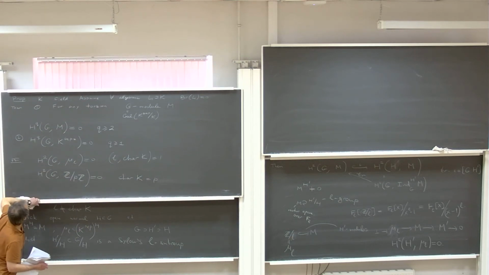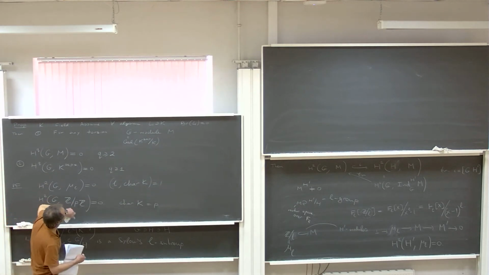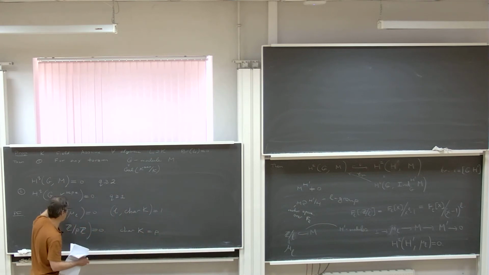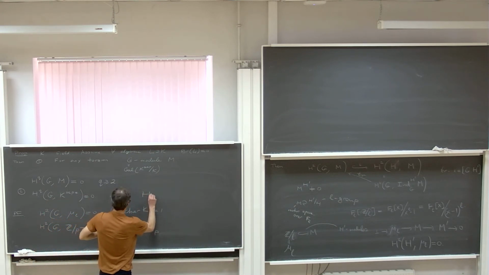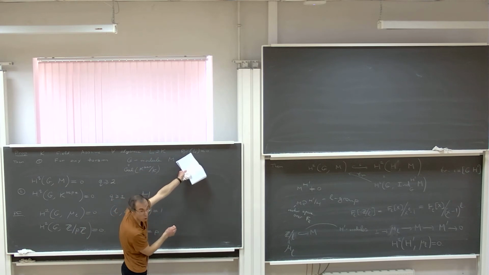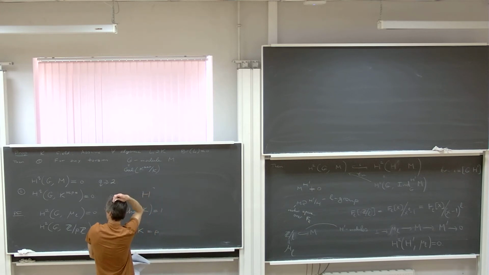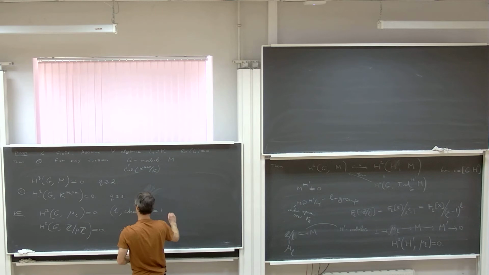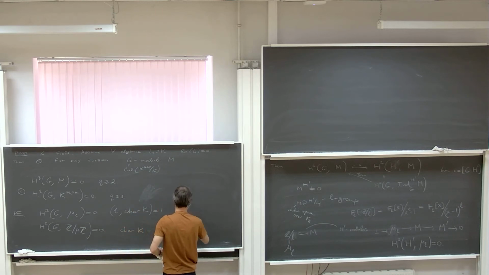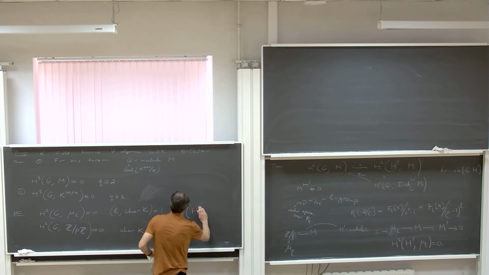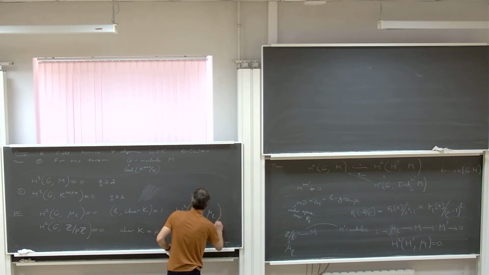Here I use the fact that the Brauer group of K is 0, but since I know this for all finite extensions, it's also true that H2 of H, say H, is also 0.